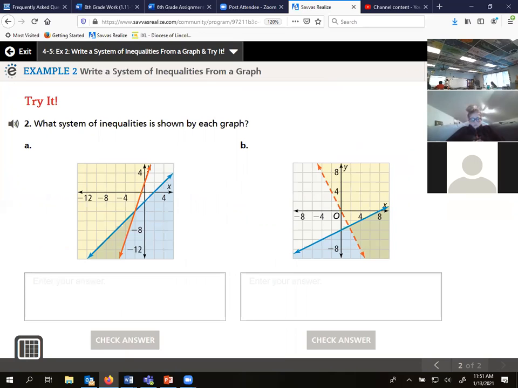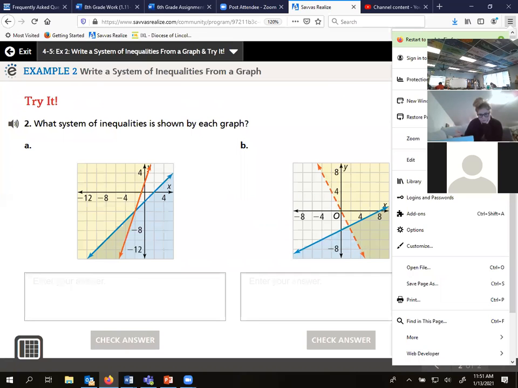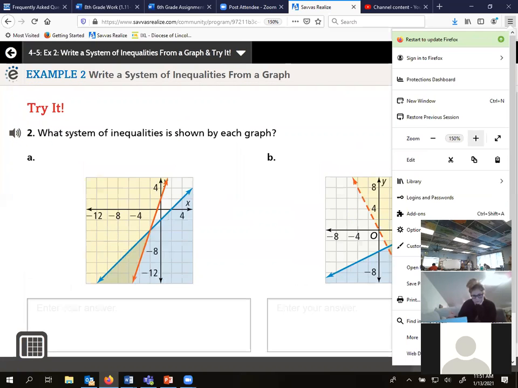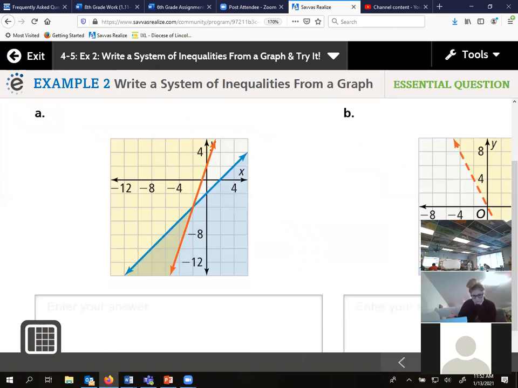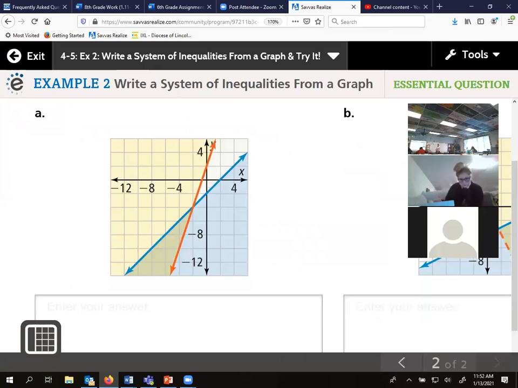Okay, let's see here. Go ahead and try A on your own. See if I can make it bigger. So write the 2 equations. Yep, write the 2 inequalities. I'll give you like 2 minutes.